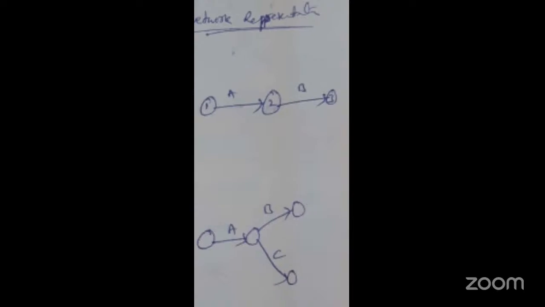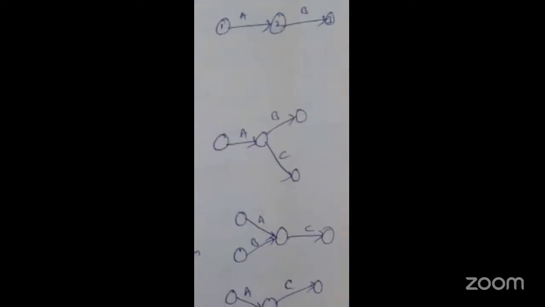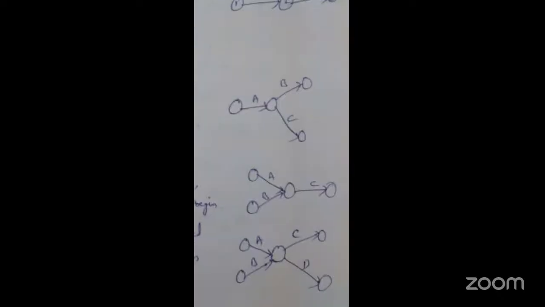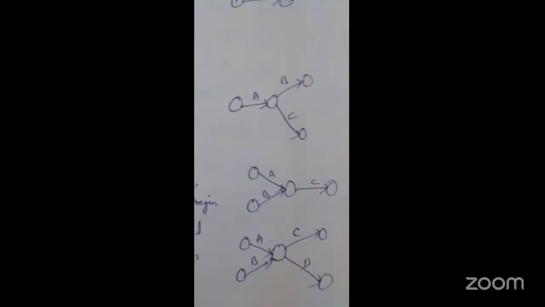Similarly, see this figure. I am taking four nodes, four circles, and 1 to 2 I am indicating with A, 2 to 3 with B, and 2 to 3 with activity C. So here, B and C are the successor activities of A. Why? Because B and C will begin after completion of A only.